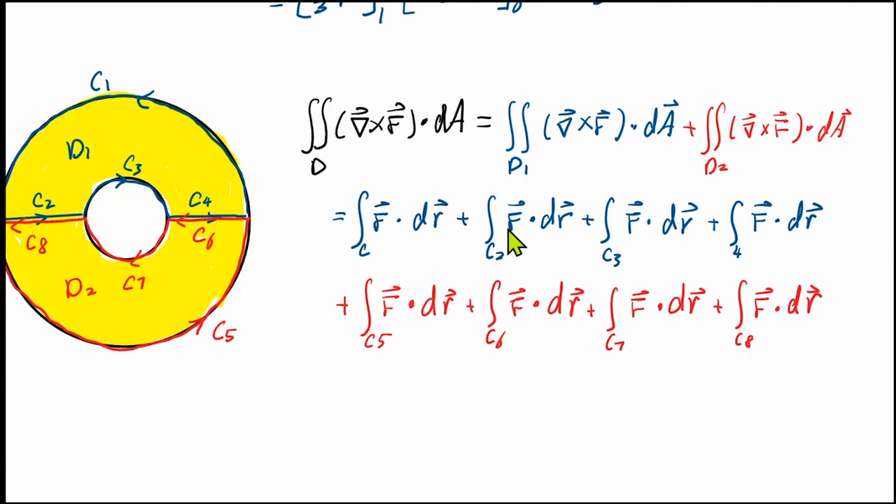Now I want you to take a look at these two integrals, okay? I want you to take a look at C2 and C8, this integral and that integral. They are exactly the same integrand, and one is going to the right and the other going to the left in line integral. So they cancel, this thingy will cancel this thingy.